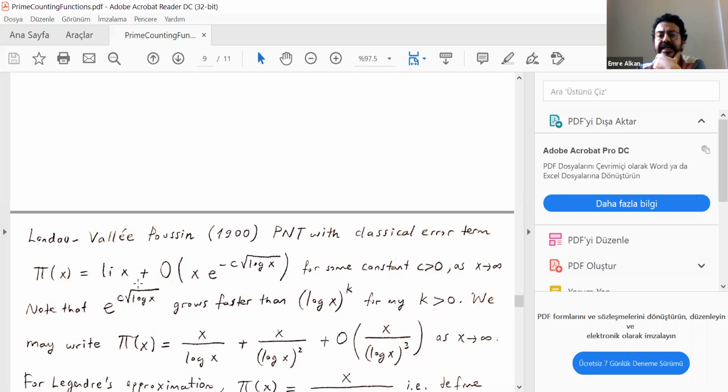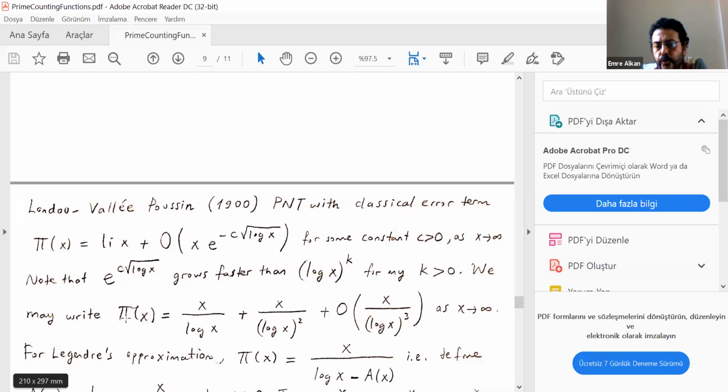So now this really closes the gap in some sense, because what we knew earlier from li of x was that it was very good with partial integrations. So we can continue with partial integrations. Now this term is much better than any power of log. For example, now we can take a next step and improve our formula on pi of x.